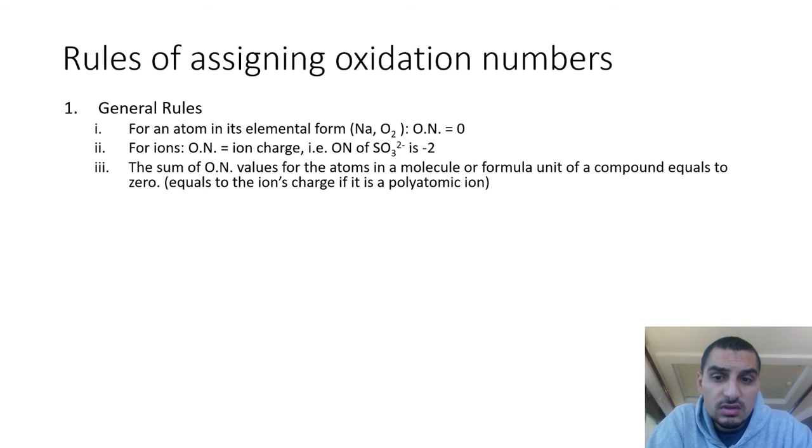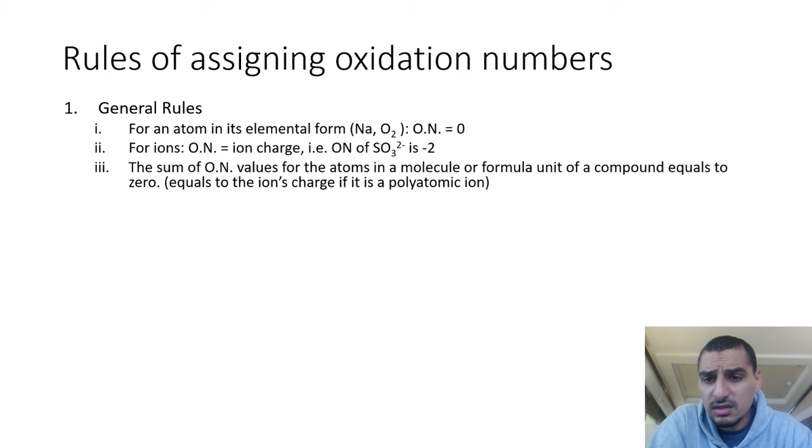There are some general rules for any element or atom, either an element that consists of one atom, or a diatomic like oxygen, like chlorine, like bromine, any of these. Its oxidation number is 0, so we consider the oxidation number of oxygen 0 and of the other oxygen 0. Again, because it's symmetric, there are no charges here.